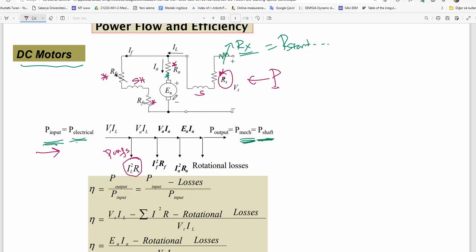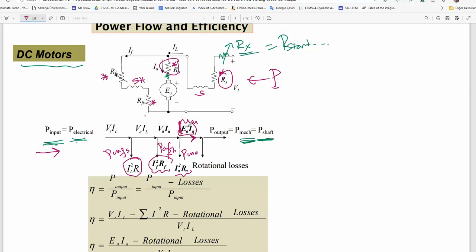Then here would be shunt field losses. Here it is: copper loss in the shunt field. And then here would be some armature losses: copper loss in the armature.